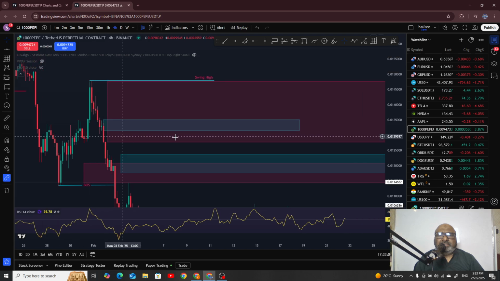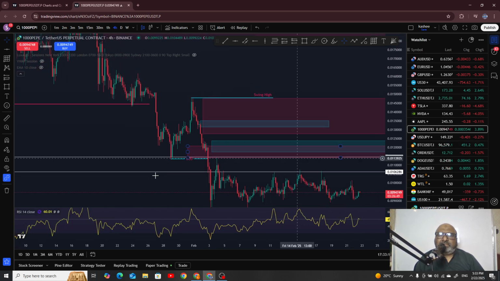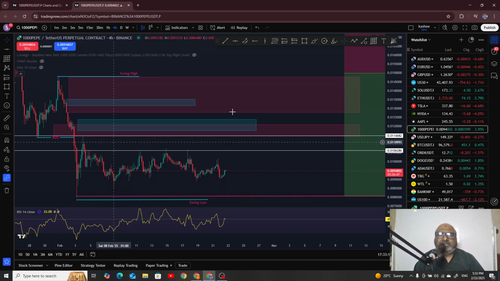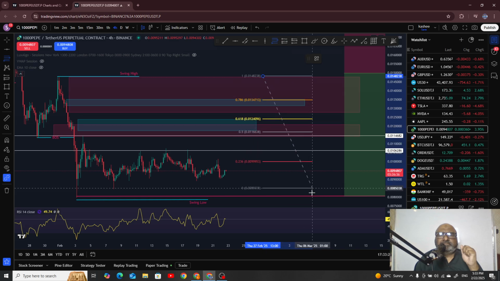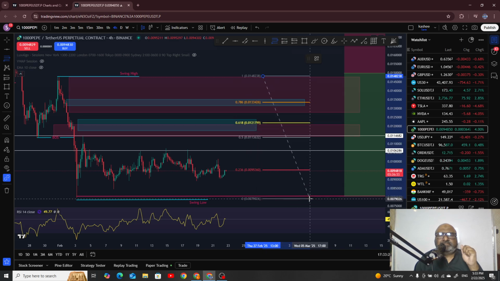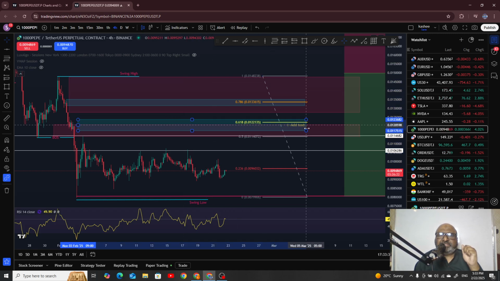Okay, so this is yet another area where the market can come. If I draw fib retracement, so you can see it is exactly at 0.786, and this is exactly at 0.618. So these are the two regions.